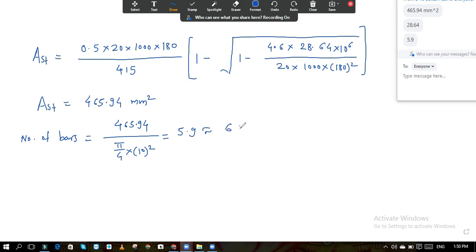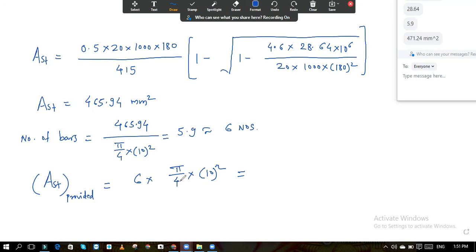So nearly equal to 6 numbers. So calculate AST provided. 6 into 5 by 4 into 10 square. 471.24 mm square. So this is the AST provided.